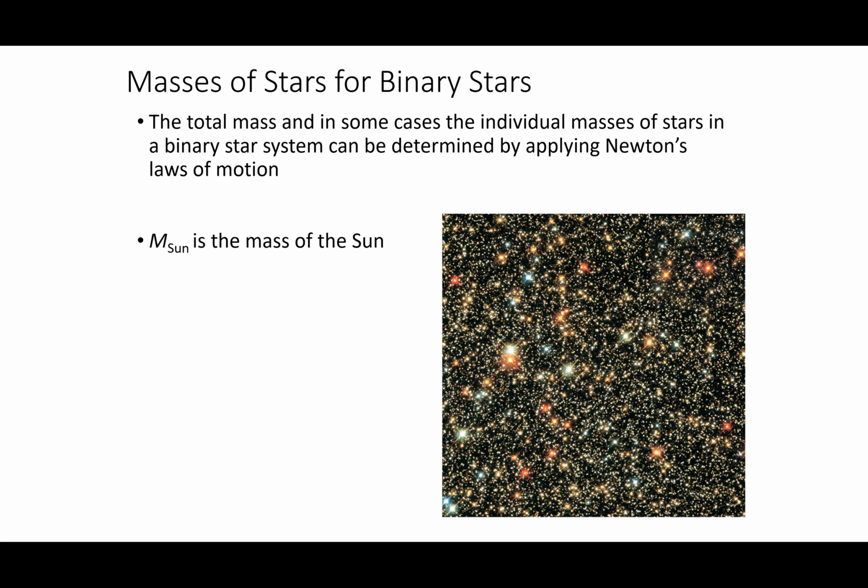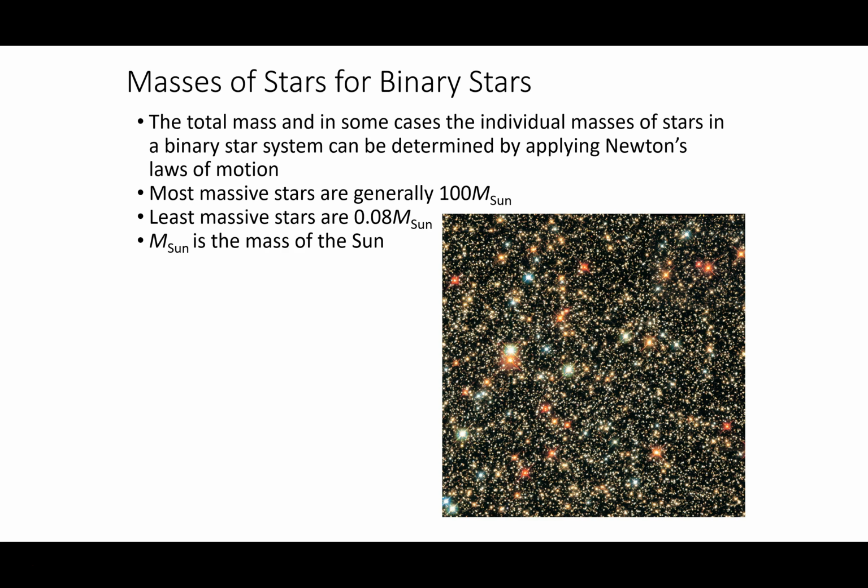So in astronomy, what works well is to use the symbol M for mass, with a subscript, the word sun. This is the mass of our sun. So we can talk about other stars in terms of how massive they are. Generally speaking, the most massive stars are 100 times the mass of our sun.